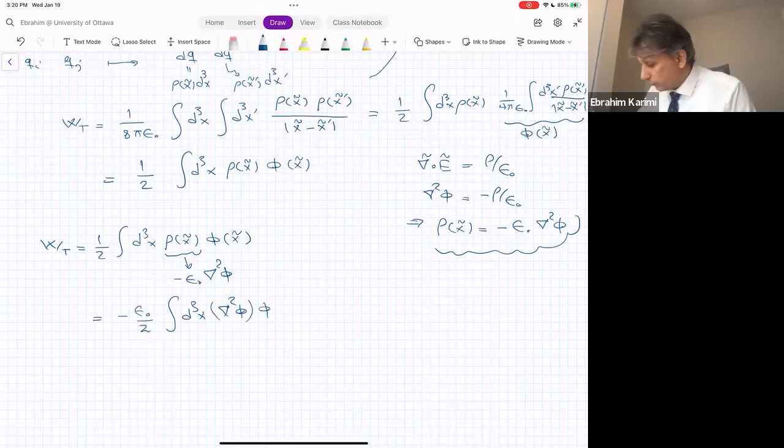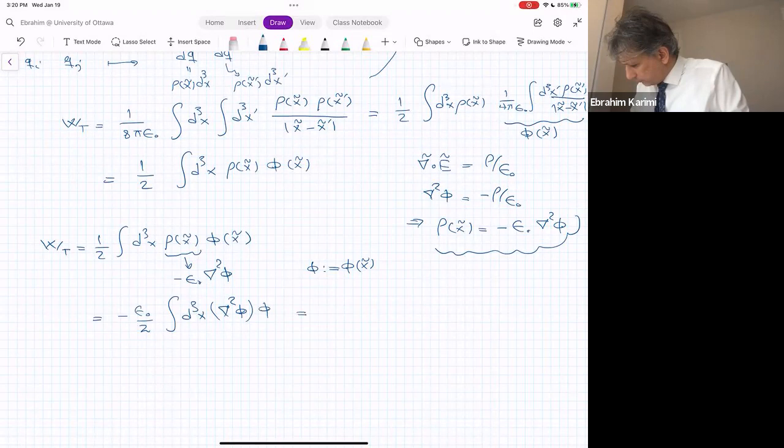And remember, phi is a function of x, it is not a constant. Good. So let me write it down. Minus epsilon 0 divided by 2 integral of d3x.